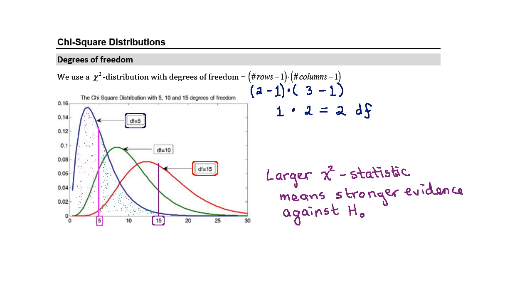Because of that, the way we use these distributions is to measure how far out in the tail we are. If I were to mark a chi-square test statistic for one of these distributions here, I would measure the strength of evidence by how much of the tail is even larger than that test statistic, which means that we always do a right tail for this particular test. There's no such thing as a two-tail test here.